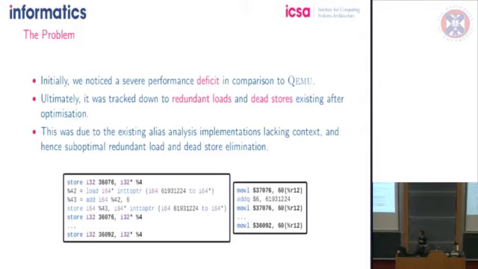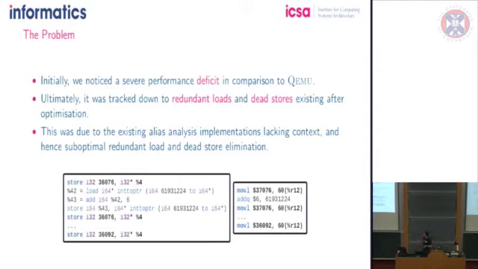Because of these constant pointer accesses, the existing alias analysis implementations are unable to determine whether or not these stores alias with this constant pointer here. We can see that this is obviously completely redundant to that, and this one completely kills both of these two stores. It's a problem because once we lower this IR, this is what we get.